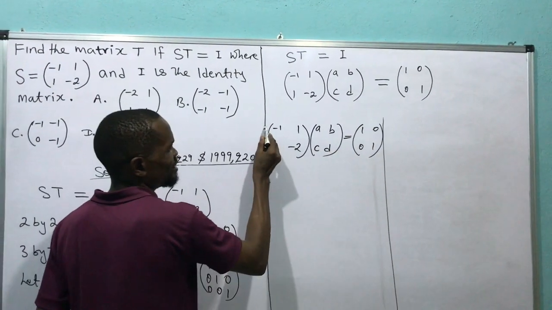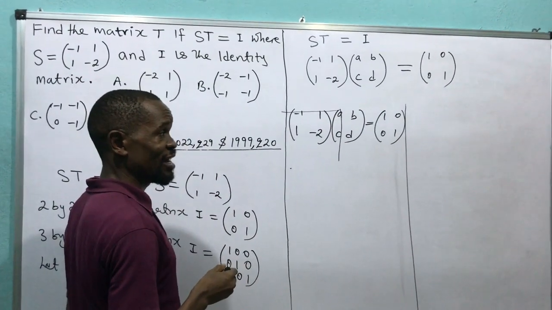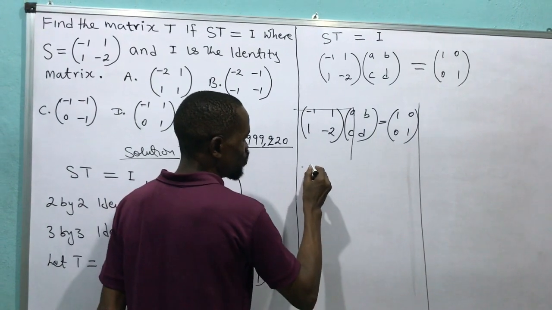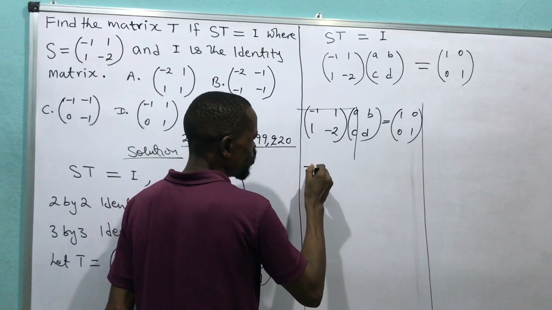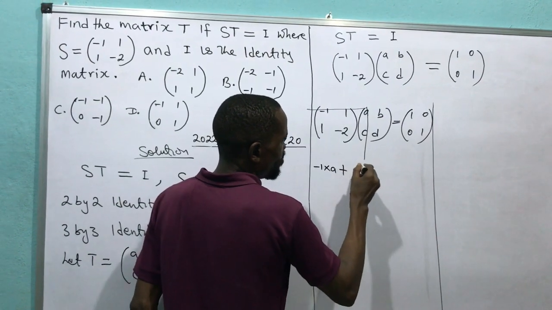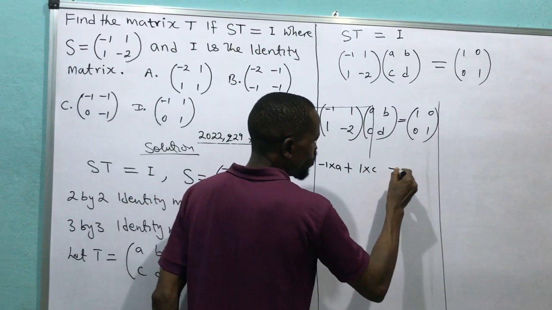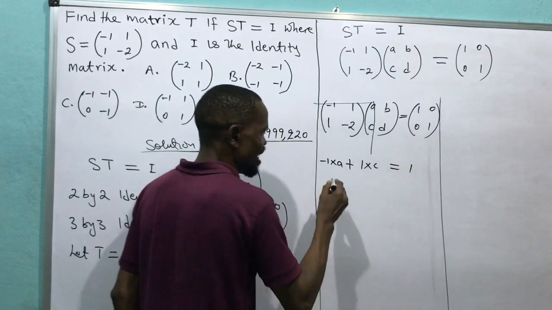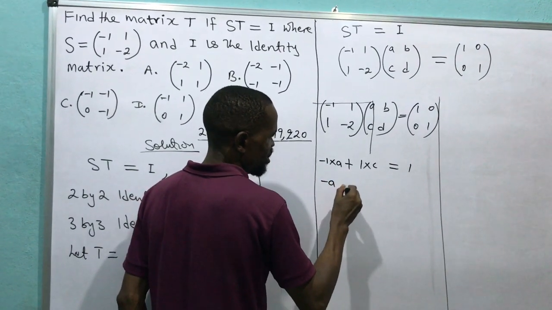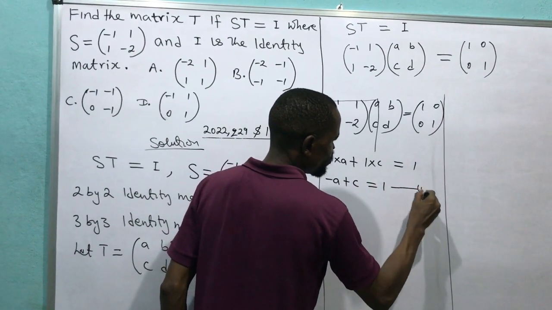The first thing I do, I will have minus 1 times A plus 1 times C equals 1. That gives me minus A plus C equals 1. I call it equation 1.